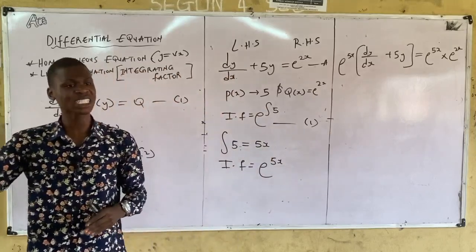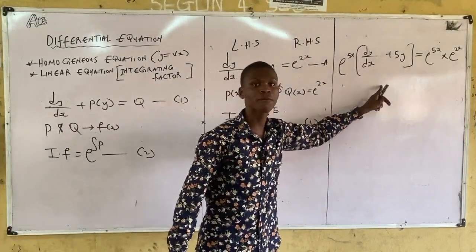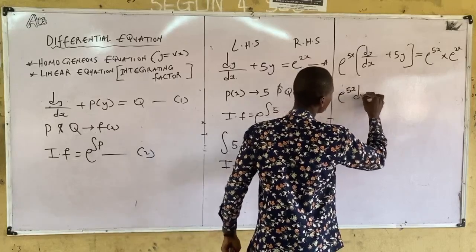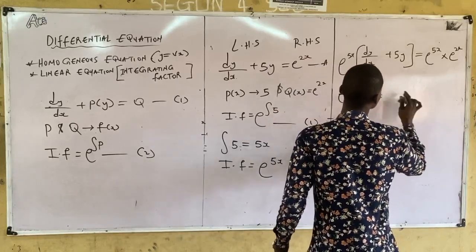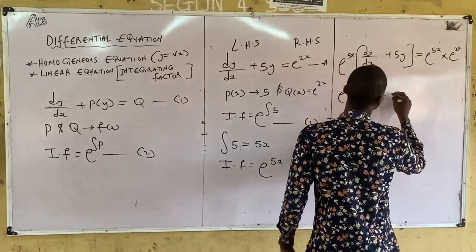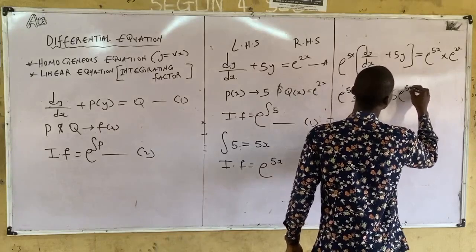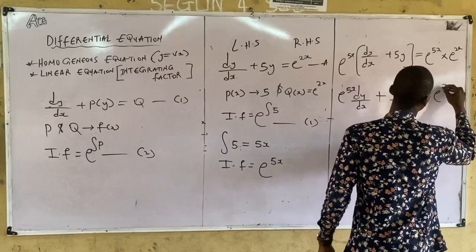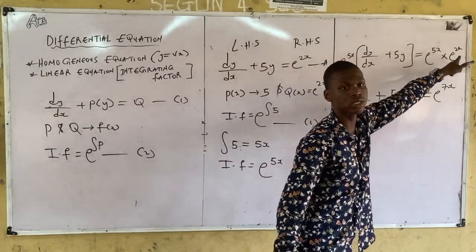That's what we are doing here. Then from here, that will be exponential 5x dy over dx plus 5 exponential 5x y equals exponential 7x. Okay, let me show it.